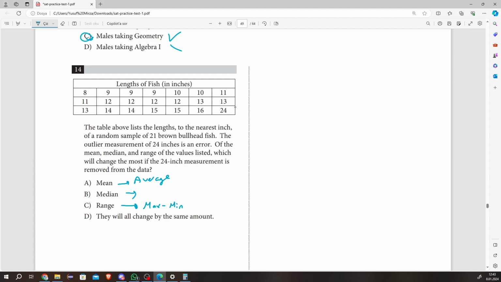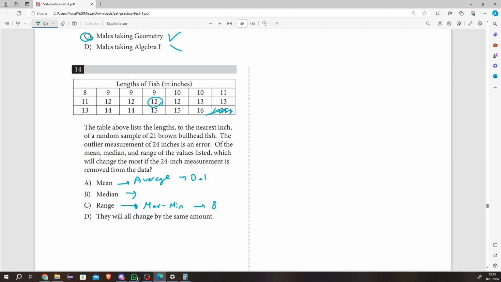If we delete it, it changes 8. Median, we should eliminate them. If we eliminate them, we should find 12. And the other side, if you delete it, it's also like that, the number is 0 or 1.